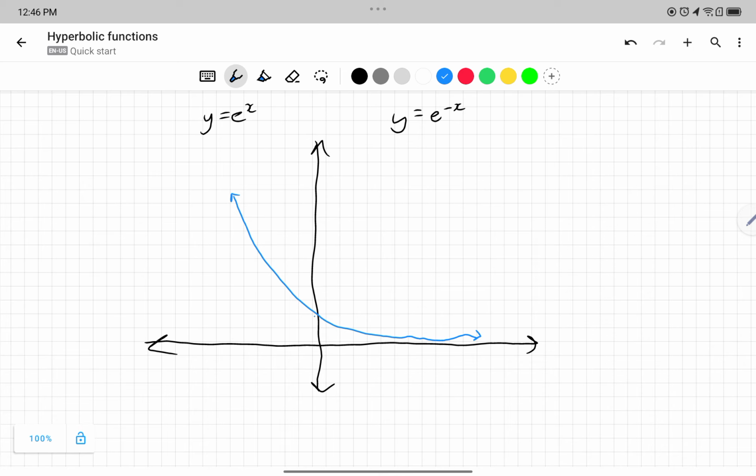So this is our 1 point. So this being our e to the exponent of x function, and then the reflection of that about the y-axis would be this one, like this.